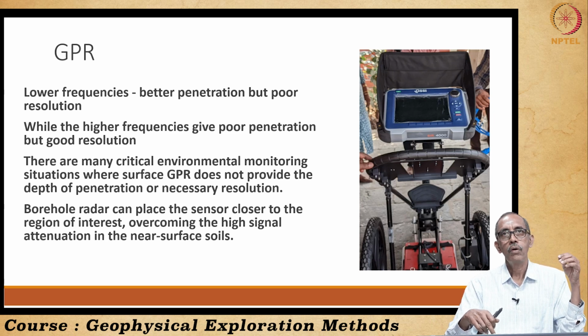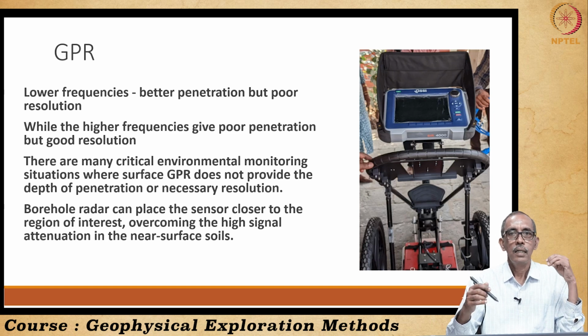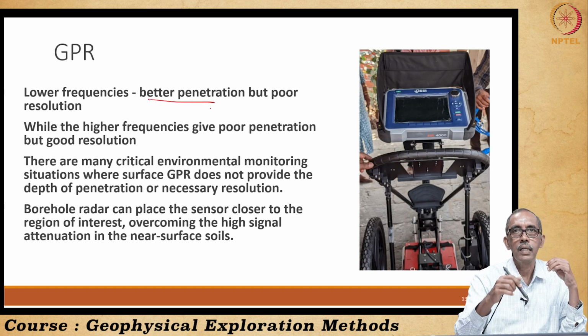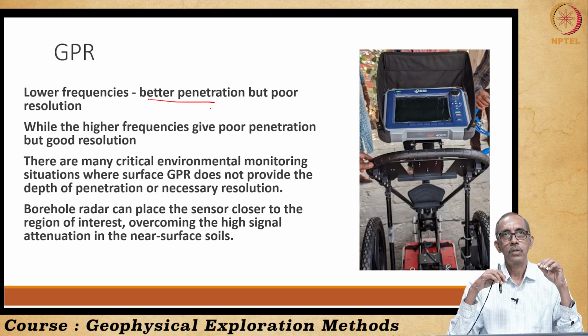If we use a low frequency antenna, it provides better penetration but poor resolution, right. That means with low frequency antennas, for example, if you use a 50 megahertz transmitting antenna, we will be able to achieve greater depth of penetration, maybe up to 25-30 meters.